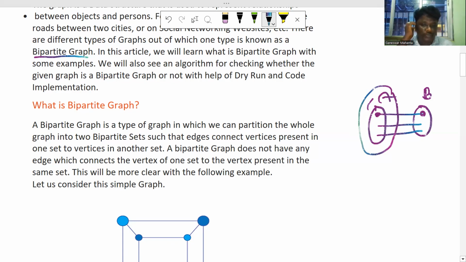This will be clearer with the following examples.